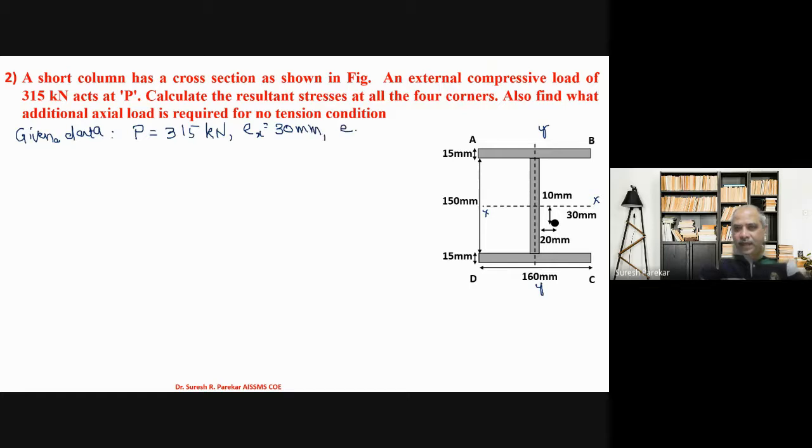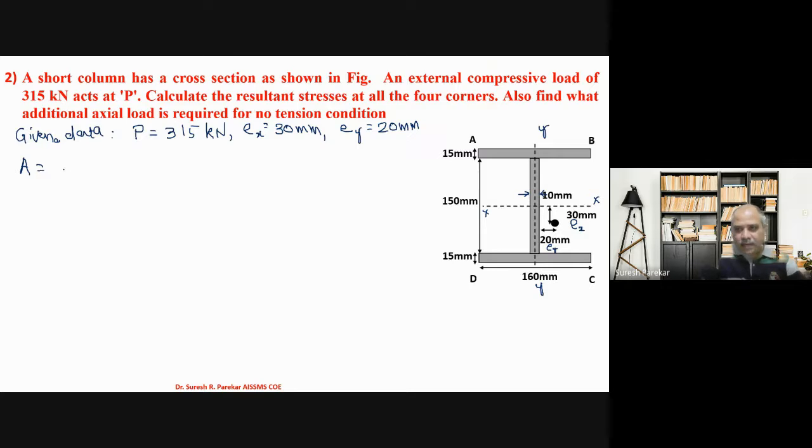Ey we have 10 millimeters, sorry, 20 millimeters. This 10 millimeter we have thickness of web. This is Ey, and this is Ex.